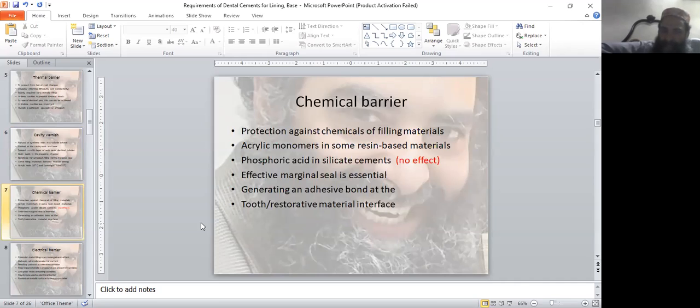Now, chemical barriers: protection against chemicals of filling materials like acrylic monomers in resin-based materials, phosphoric acid in silicate cement, although it has no effect nowadays. Effective marginal seal is essential due to achieving an adhesive bond at the tooth restorative material interface.